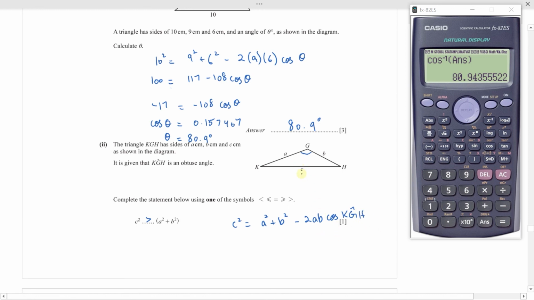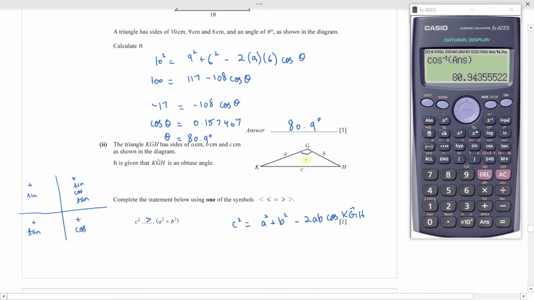And we are given that KGH is an obtuse angle. If we look at the four quadrants, we know that in the first quadrant, all of sine, cos and tan are positive. In the second quadrant, only sine is positive. In the third quadrant, only tan is positive, and in the fourth quadrant, cos is positive.